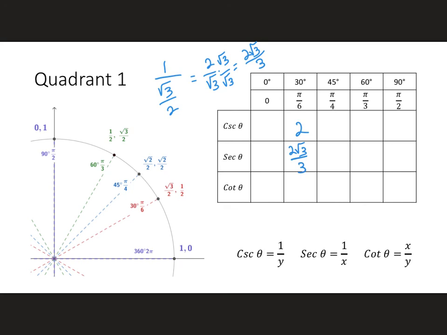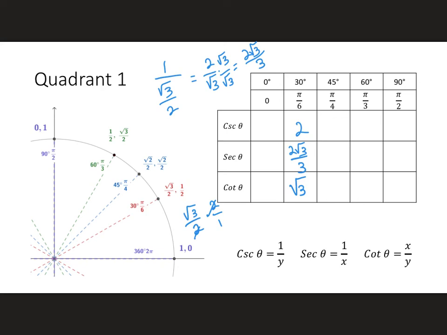Now the cotangent is the x value of the endpoint over the y value of the endpoint. So we will have the square root of 3 over 2 over 1/2. So I'm just going to go right into multiplying by the reciprocal. Those will cancel, and we're left with just the square root of 3.